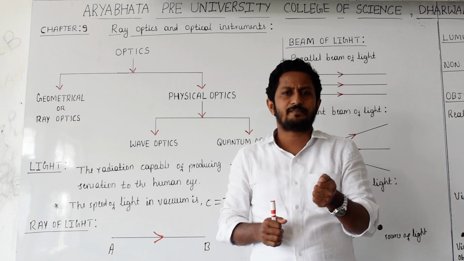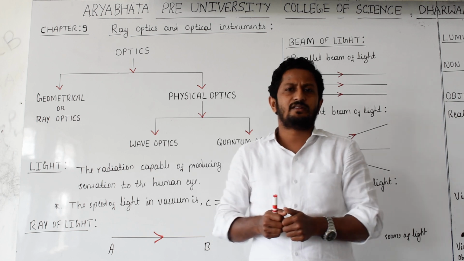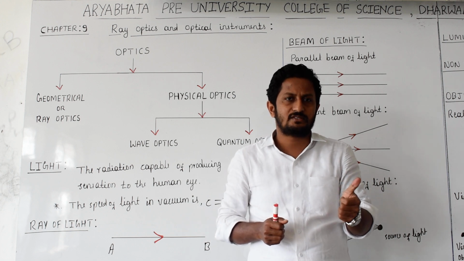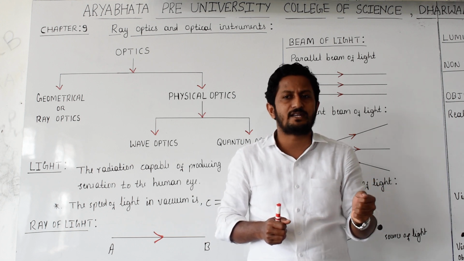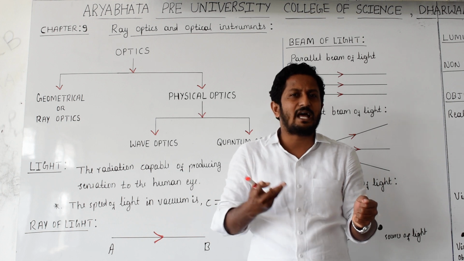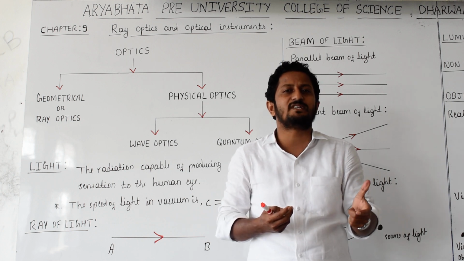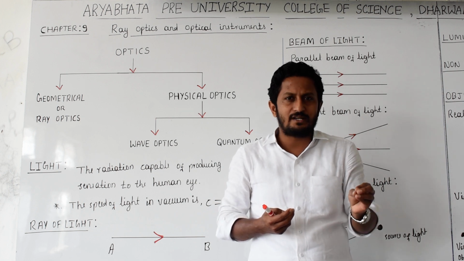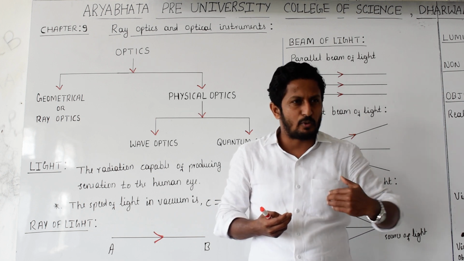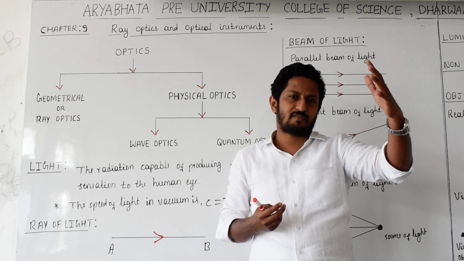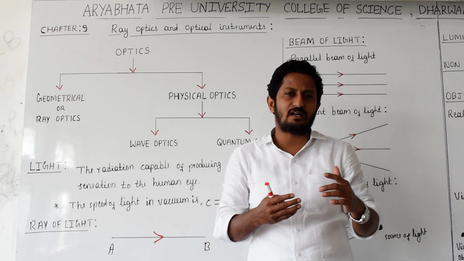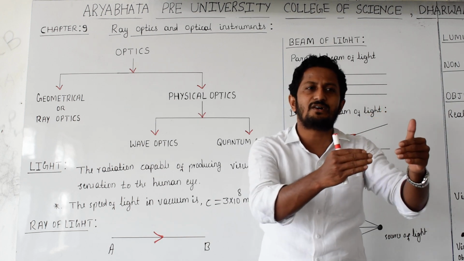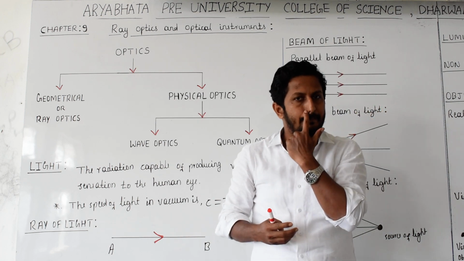Similarly, a torch. During night, if you switch on the torch by holding it in your hand, what will happen when you switch on this torch? Those light rays from the torch propagate in this direction, and they fall on the objects present on their path.